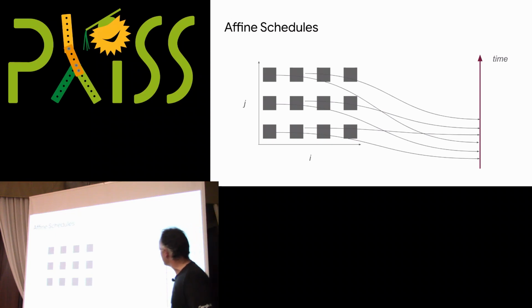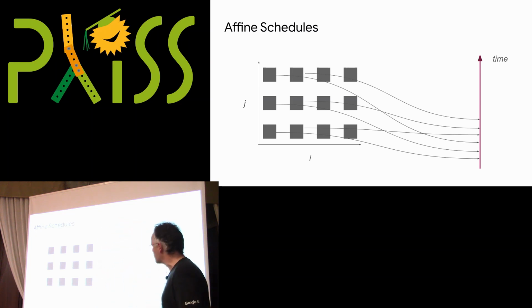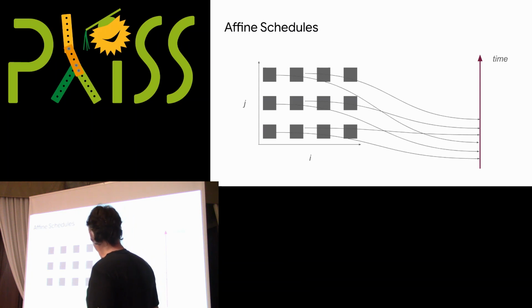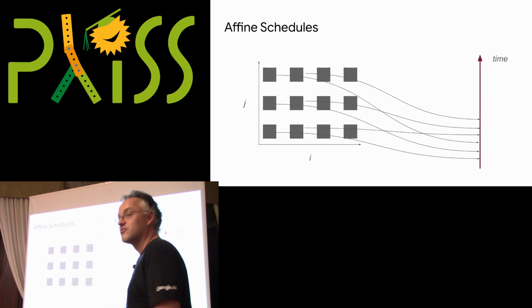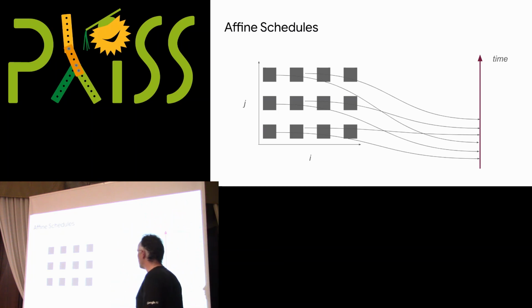In this case, going first through j, where j is the fastest varying dimension and i is the slowest dimension, would correspond to this time mapping. You have a function that would go first through j. You see that those three iterations of j are laid out consecutively over time, and then you go to the iterations of i.